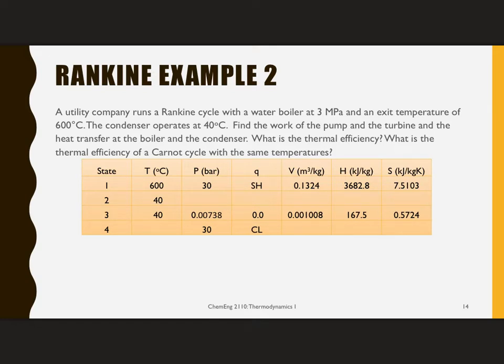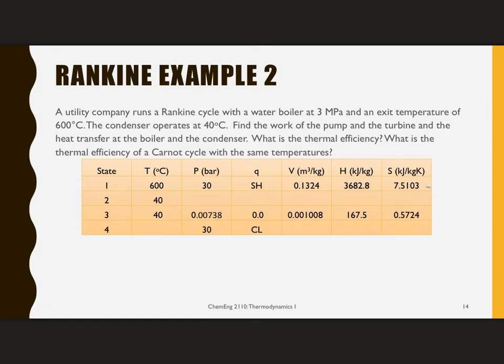So I have the data for state 1 and state 3. Now remember that we have assumed that the quality at the inlet to the pump is 0, a saturated liquid coming out of the condenser and entering the pump. Based on that, we have data for states 1 and 3.